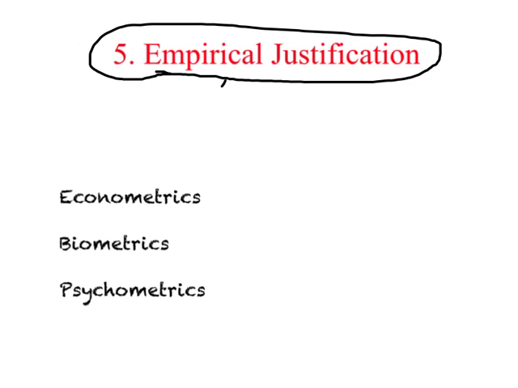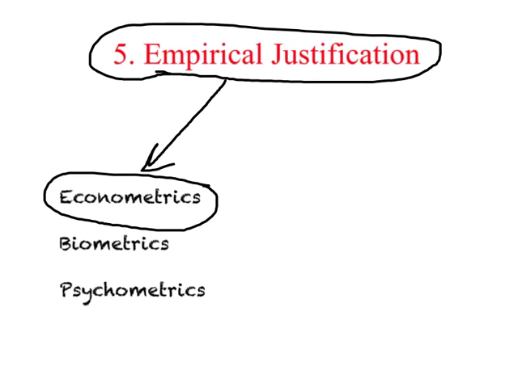For empirical justification, we use a subject within economics called econometrics. And what is econometrics? Econometrics is the use of statistics to analyze economic issues. And we are not the only ones who borrow from statistics. Biologists do the same thing, and they have developed a subject called biometrics. And so what will be biometrics? It's the use of statistics to analyze issues in biology.